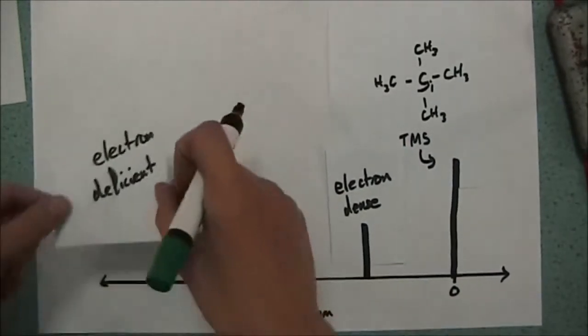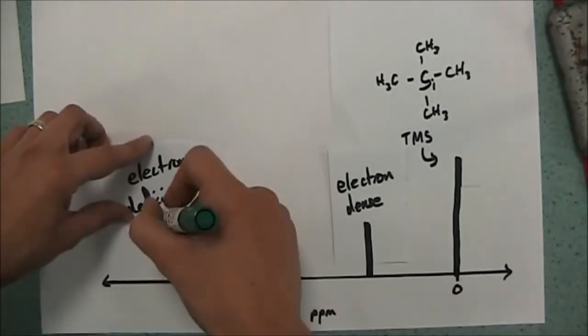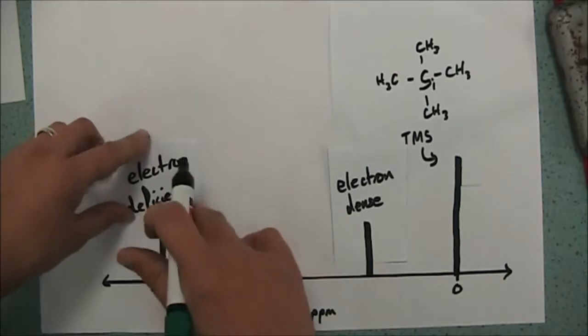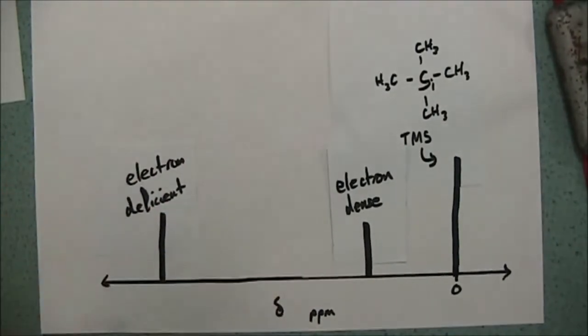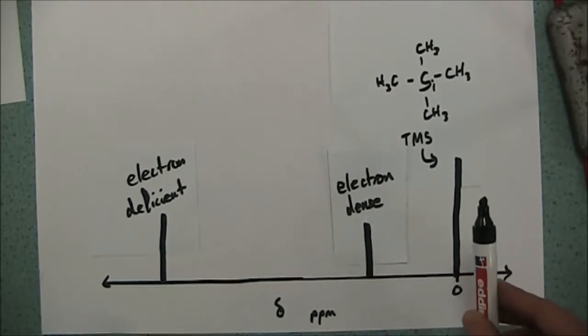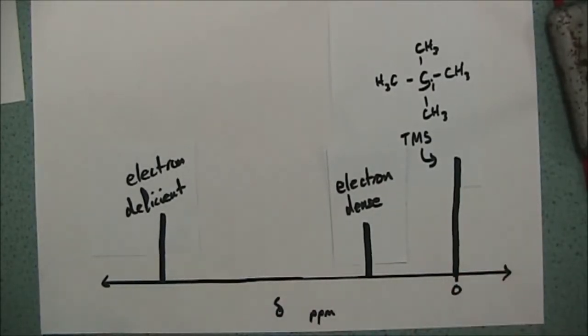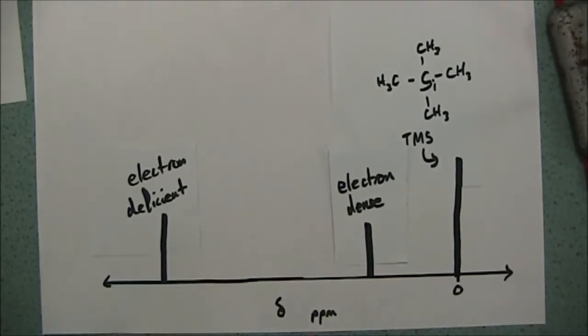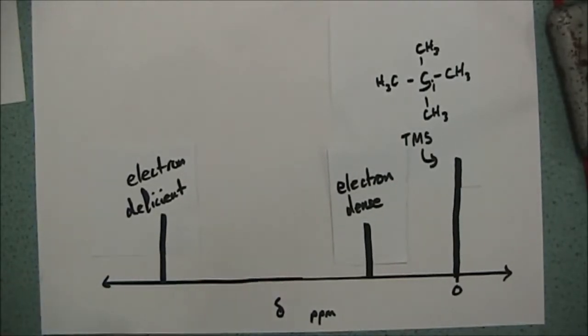And electron deficient atoms will show up down here. And so by studying how far away from the initial reference a peak is, we can work out what kind of atoms must be around that particular atom.